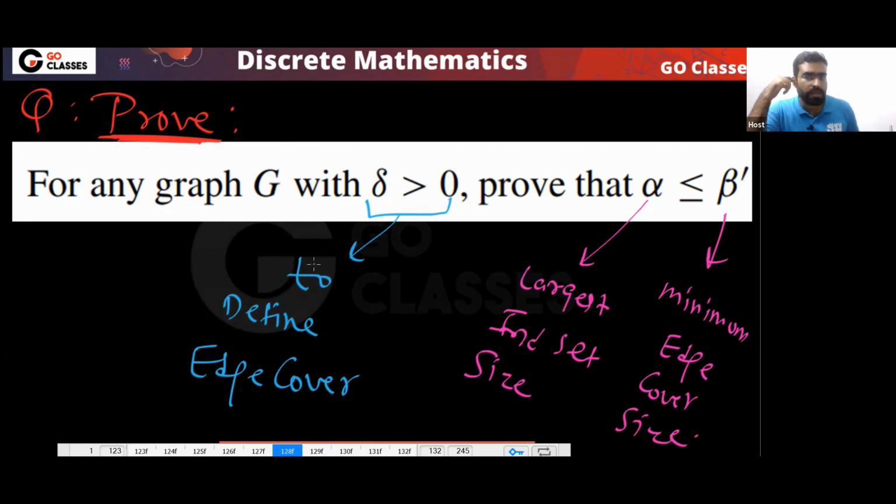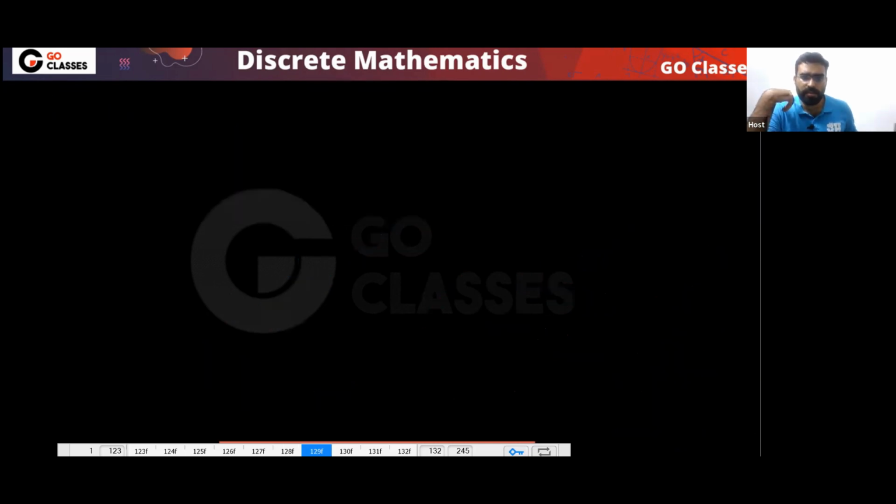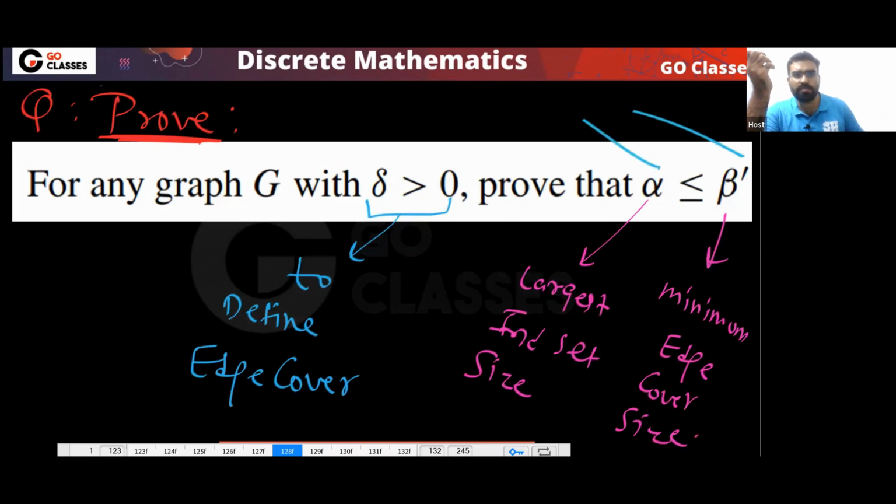Now can you prove that the independence number is less than or equal to the minimum edge cover size? The idea is very simple. Just observe these two things.